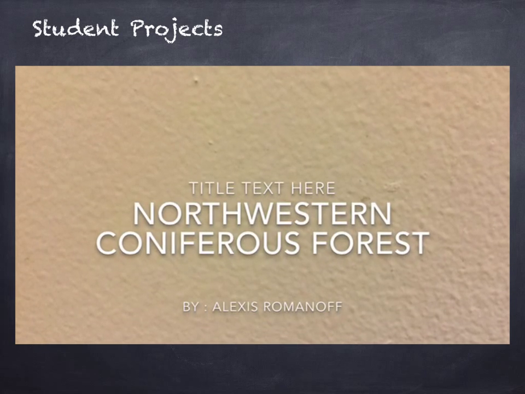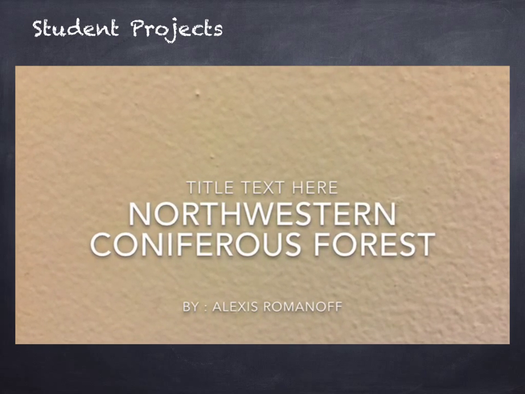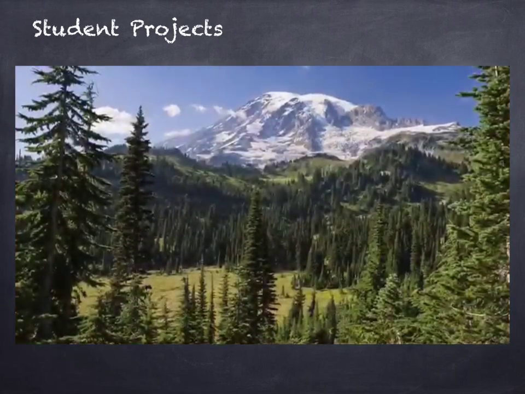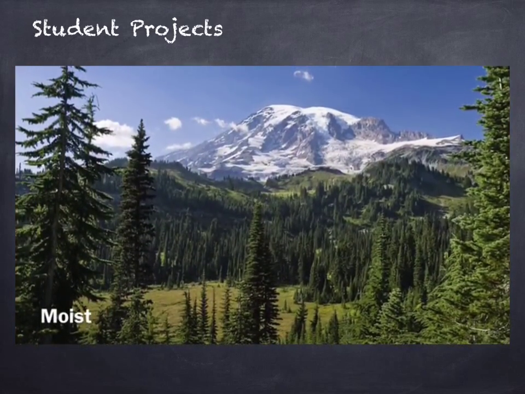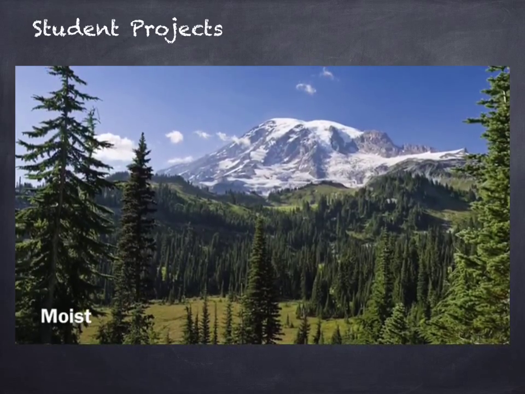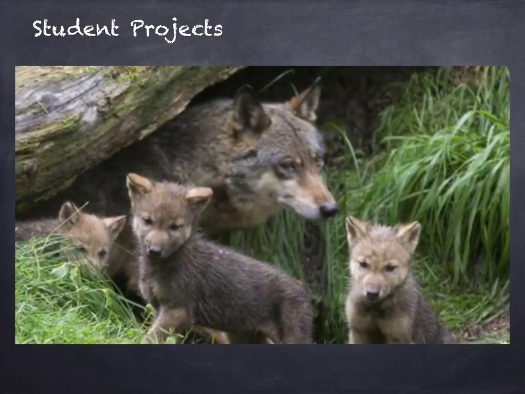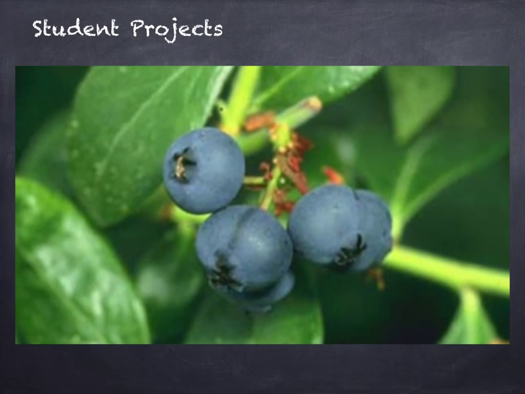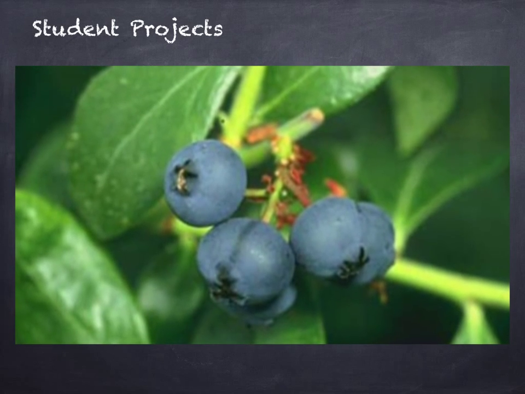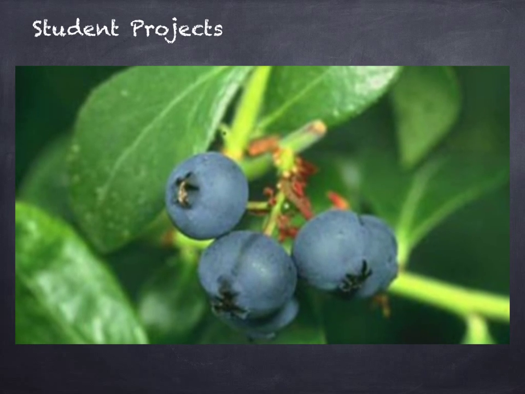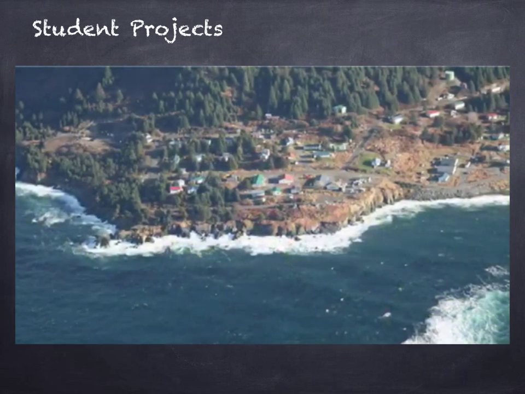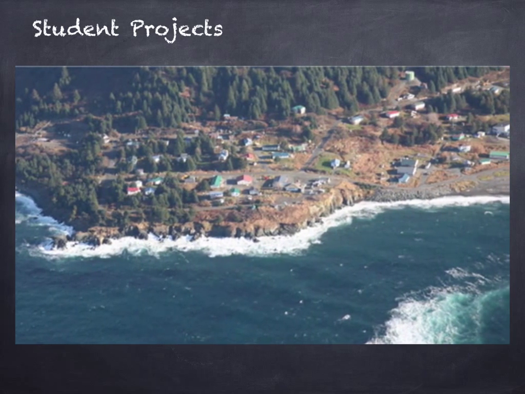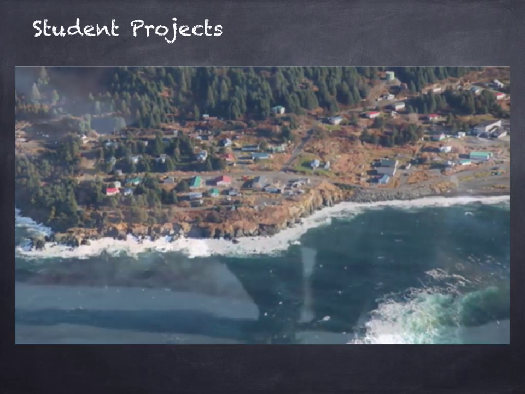The Northwestern Coniferous Forest by Alexis. The Northwestern Coniferous Forest is moist. Wolves live in this region. Plants such as blueberries grow in the Northwestern Coniferous Forest. Nanwalek is like a coniferous forest with all its trees and plants.